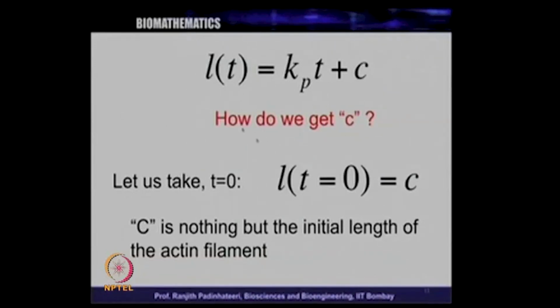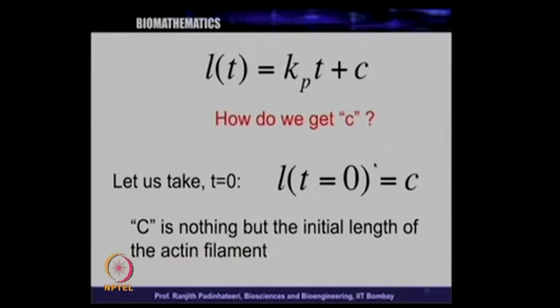Now, how do we get this c? Let us take t equal to 0 in the above equation, and what do we get? If we take t equal to 0, we get L at t equal to 0. When t equal to 0, the length is nothing but c. So, c is nothing but the length at t equal to 0, or you can say the initial length. When we start the experiment, what was the length?